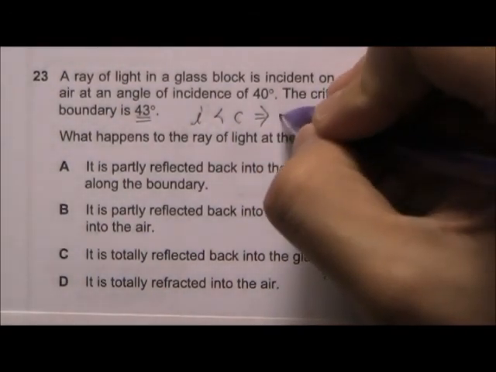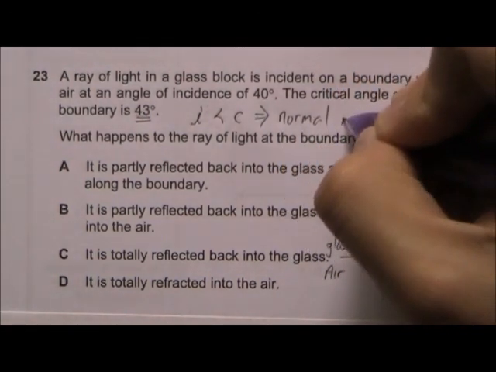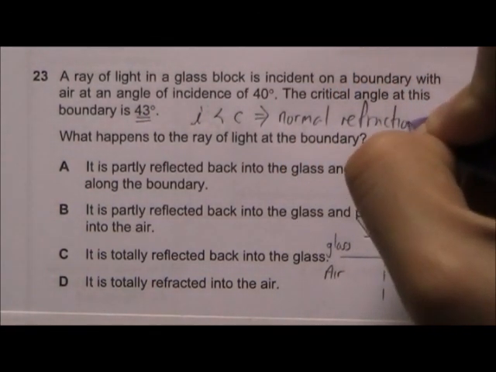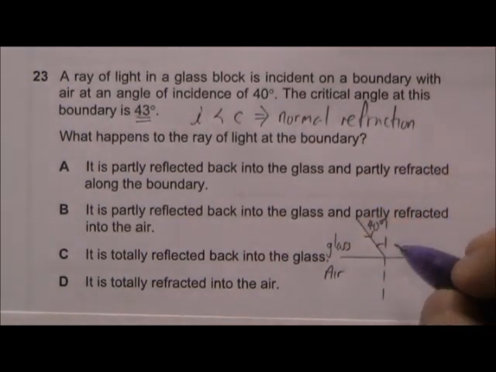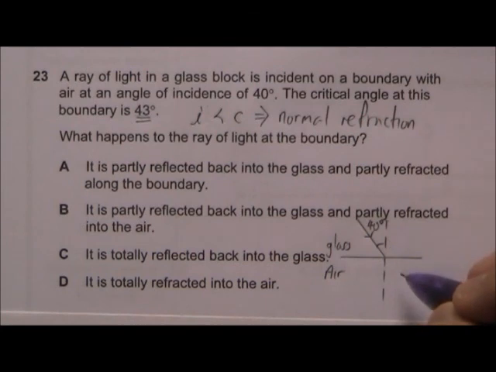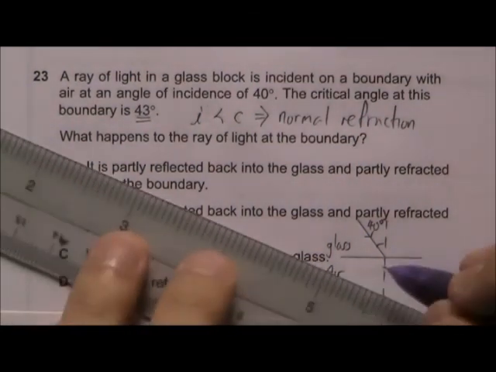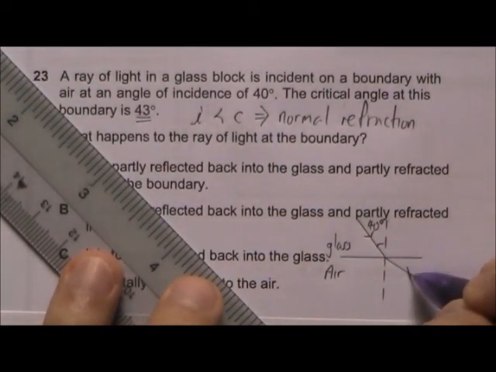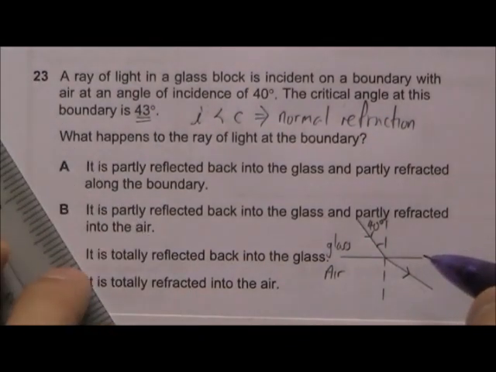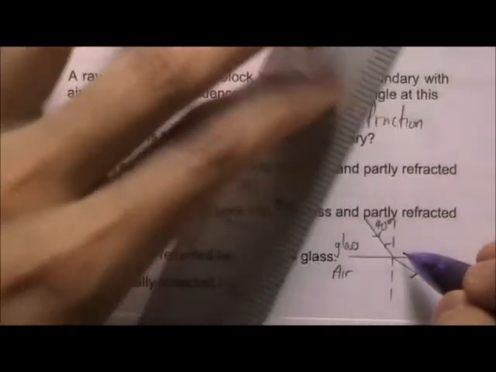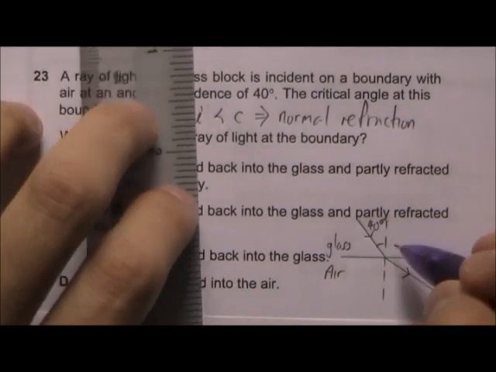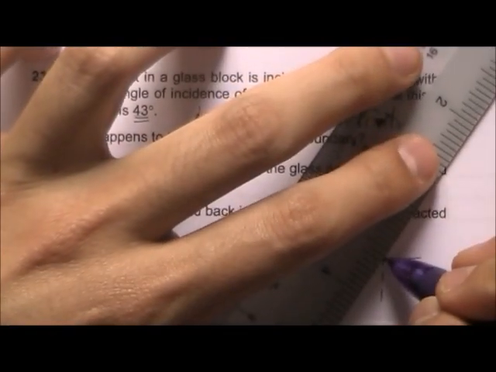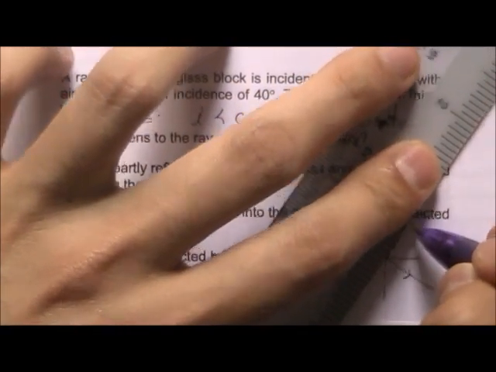In fact, only normal refraction will occur. So since it's traveling from an optically denser medium to a less dense medium, the light ray will be refracted away from the normal, and at the same time there is a weak reflected ray that will be reflected back into the glass surface.